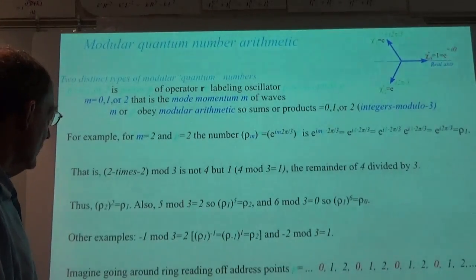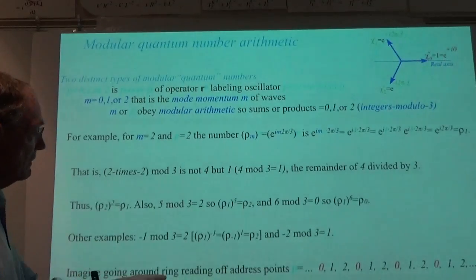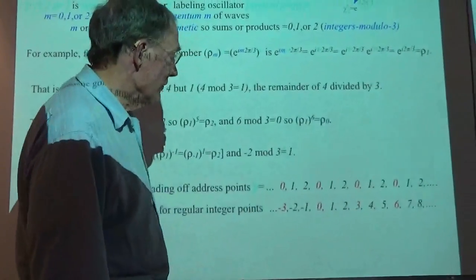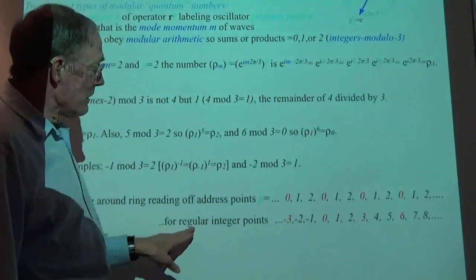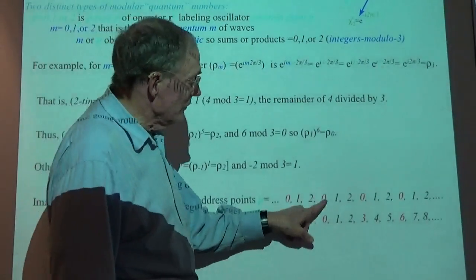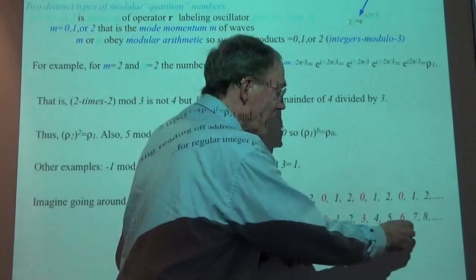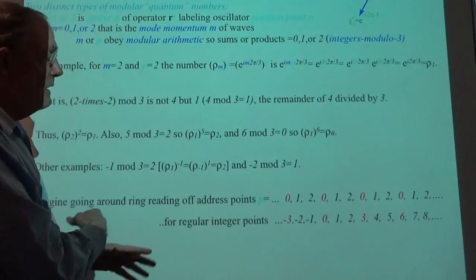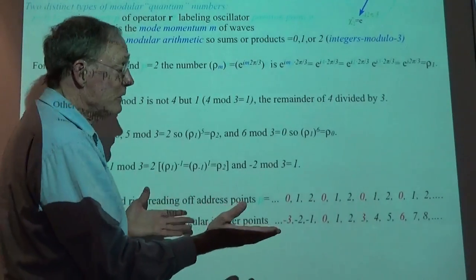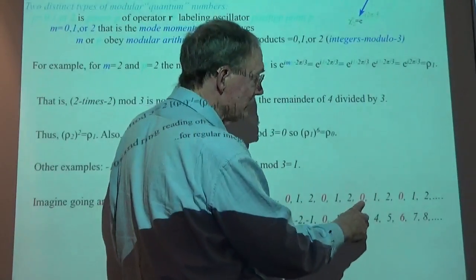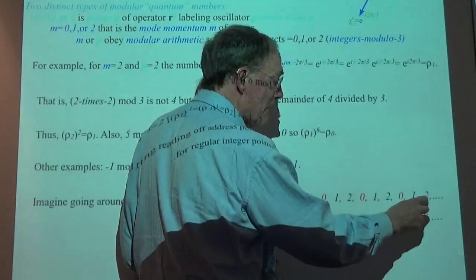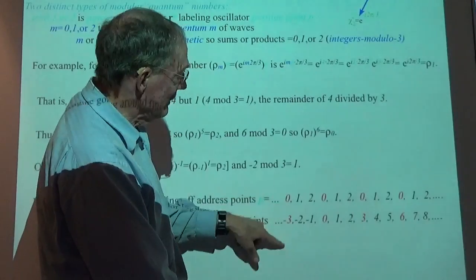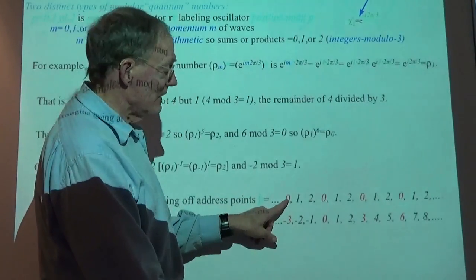They reciprocate nicely. So the way to think about it is imagine going around a ring that's addressed by these points. For regular integer points, say that's your origin, you'd go 1, 2, 3, 4, 5, and forever, and then minus 1, minus 2, minus 3 forever. But if we're going to do a modulo 3 thing, every time I get to something that's divisible by 3, I put down a 0, right? So there's your little table to see. Minus 3 is 0 mod 3.